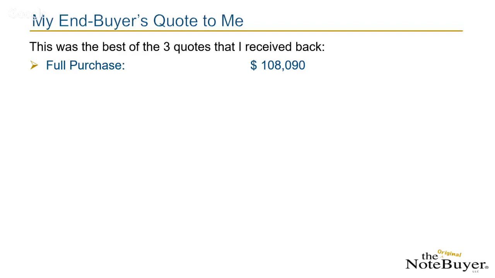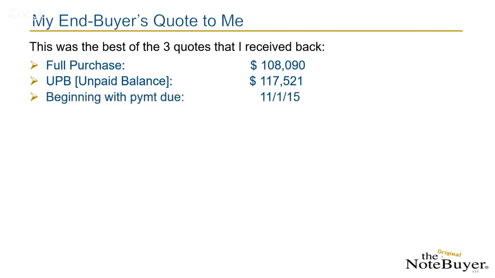Okay, so going back to our example here, let's say that I got this quote back for a full purchase, and this institutional buyer said that they would pay $108,090 to buy the remaining payments. And the UPB, which is the unpaid balance, is $117,521. So for the right to collect those payments, they will pay $108,000.